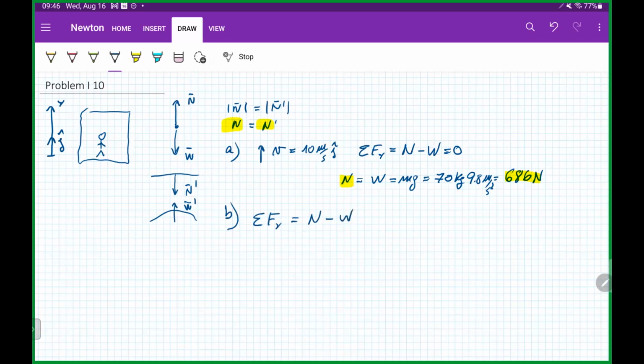So you have the normal, the weight, and this is equal to m times the acceleration on the y-axis. And that's a positive acceleration because it's going up, right? If not, we would have a minus there. Okay, so it's pointing up.